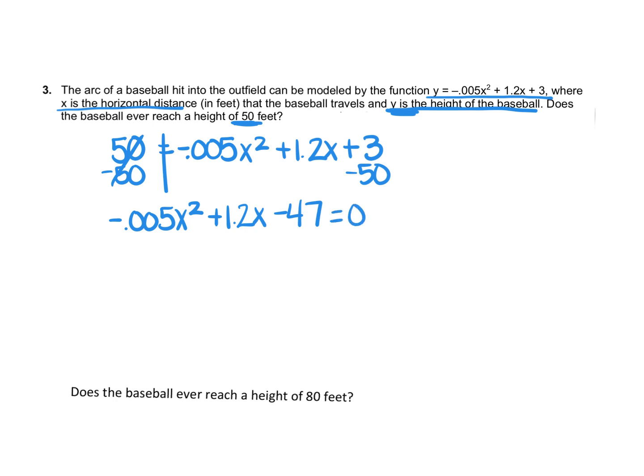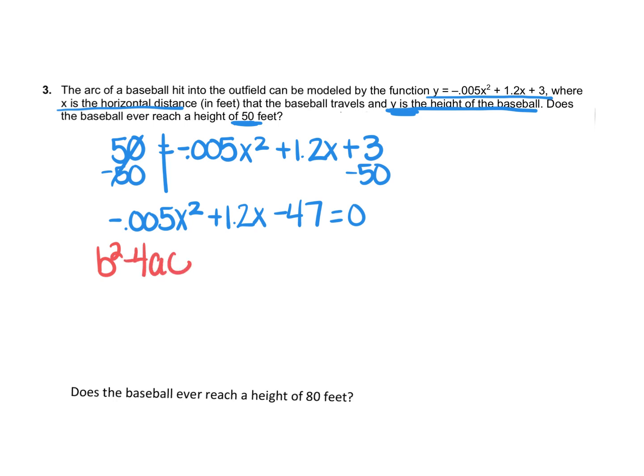So now we're going to use the discriminant, because what the discriminant is going to do is tell us how many solutions there are. If we end up with a negative number, we know that there aren't going to be any solutions at all. If we have one solution or two solutions, then we know that it had reached the height of 50 feet. So we're going to plug into the b squared minus 4ac.